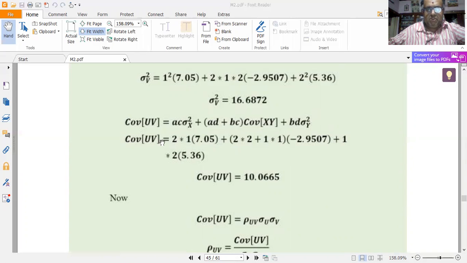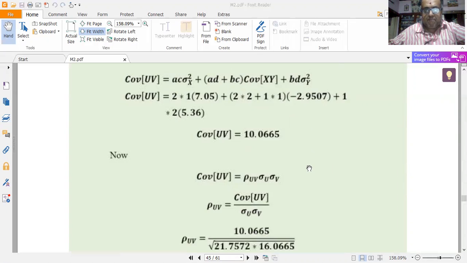Covariance of uv is equal to 2 into 1 into 7.05 plus 2 into 2 plus 1 into 1 into minus 2.9507 plus 1 into 2 into 5.36. Please be careful to take the positive and negative values as and when required. Here covariance of xy is minus 2.9507, so please be careful to use the minus sign. Simplifying, I get covariance of uv is equal to 10.0665.